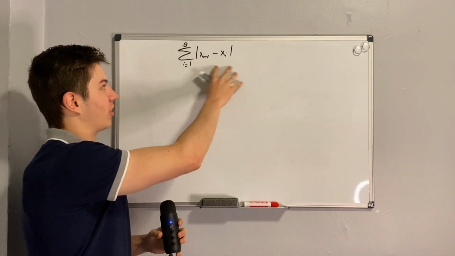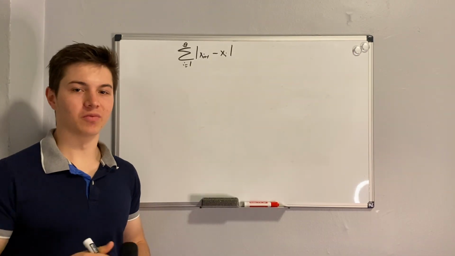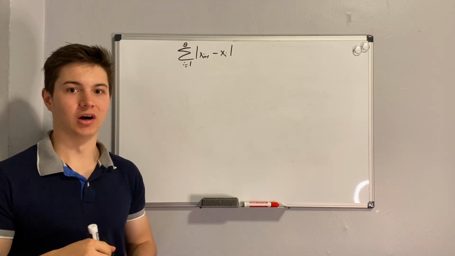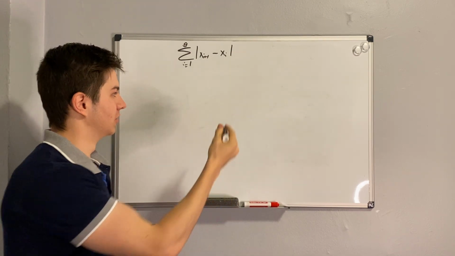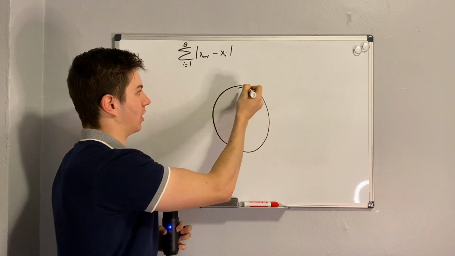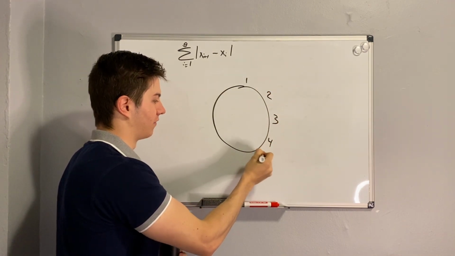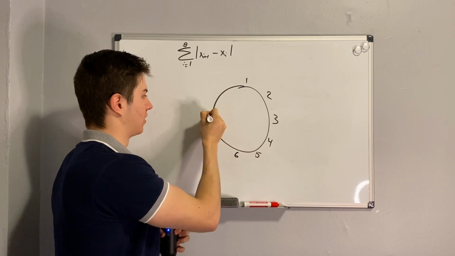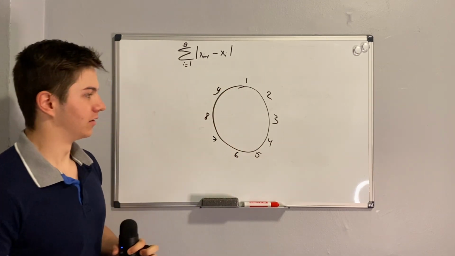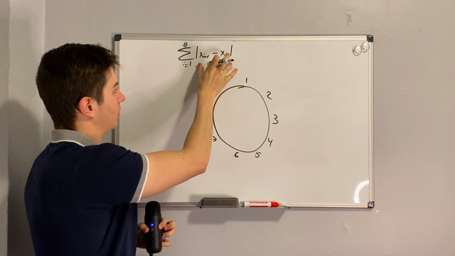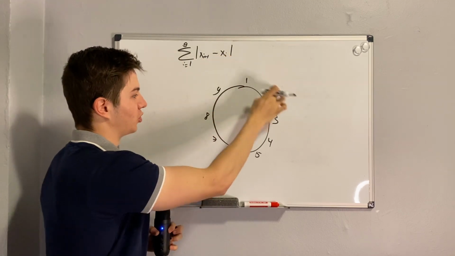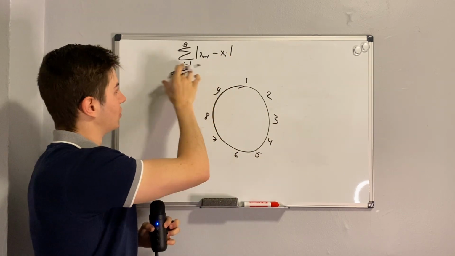Okay, so here's what we're trying to minimize, and before we get started with the problem, let's try some examples just to see what this really means. If we have our circle right here, let's put the numbers in increasing order, so 4, 5, 6, 7, 8, 9. We can calculate the absolute differences between each of these numbers and add them together.